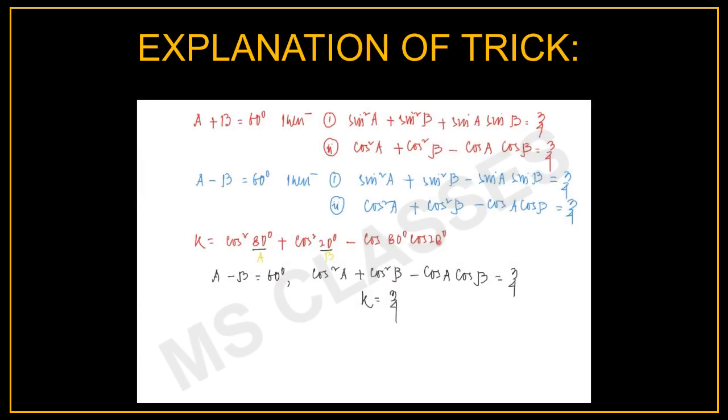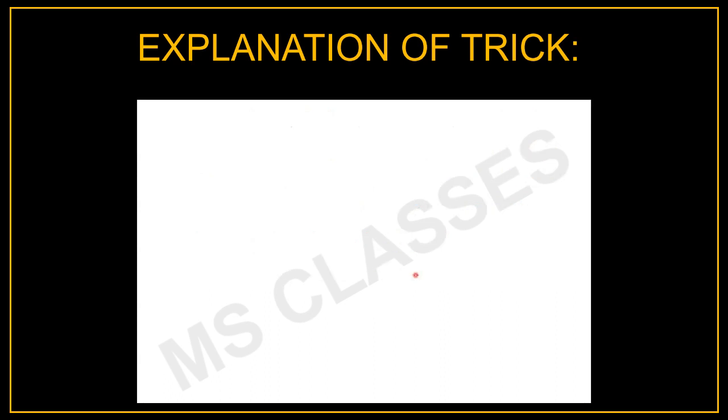Even we can understand the logic behind this. It's a very simple expression. A minus b equal to 60. So we can just take a equal to 60 plus b. Now we take cos on both sides, that is cos a equal to cos of 60 plus b.